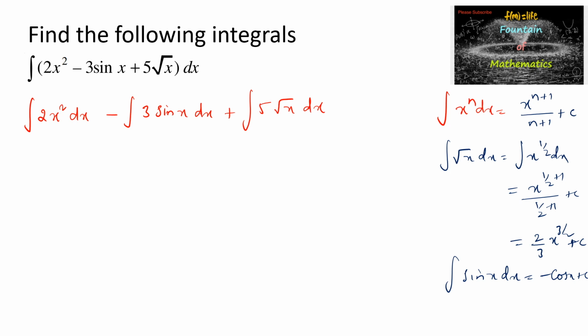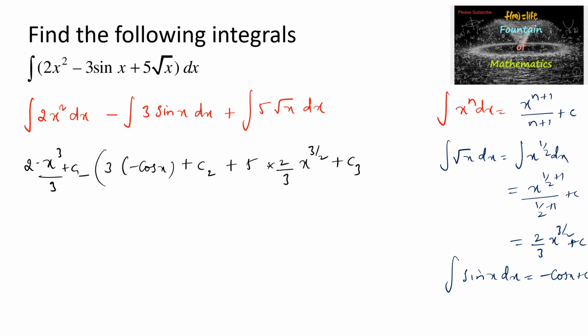So let us simplify and write here 2 times the integral of x squared, which is x to the power of 3 divided by 3, minus 3 times the integral of sin x, which is minus cos x plus some constant c2. Let us take here c1, and again here 5 times the integral of root x is 2 by 3 times x to the power of 3 by 2 plus some constant, say c3.